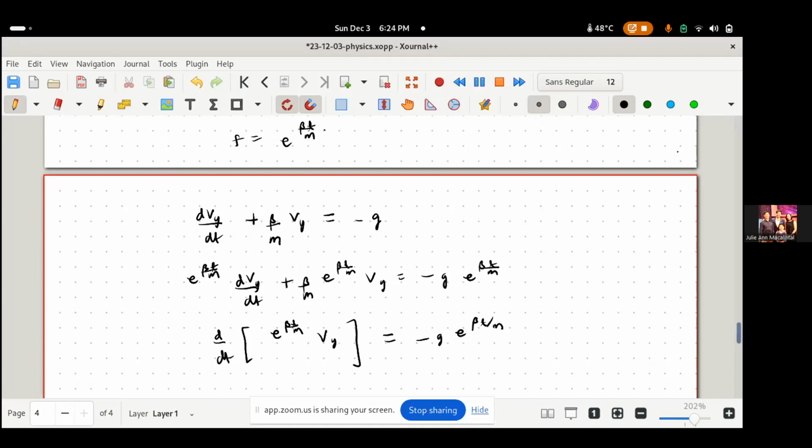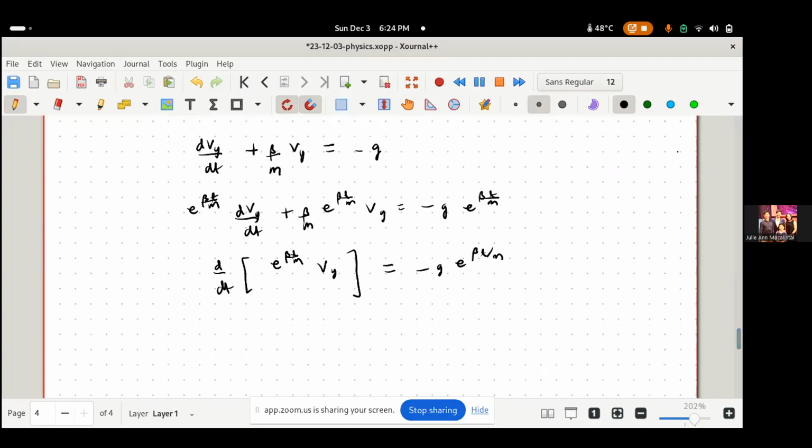Ngayon, if you look at this, pansin mo, mas madali nang i-integrate yung both sides. The antiderivative is e to the beta t v sub y is equal to negative g times m over beta e to the beta t over m plus an arbitrary constant.